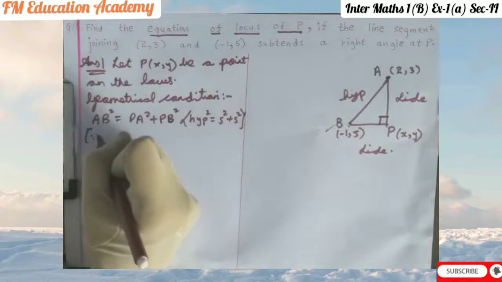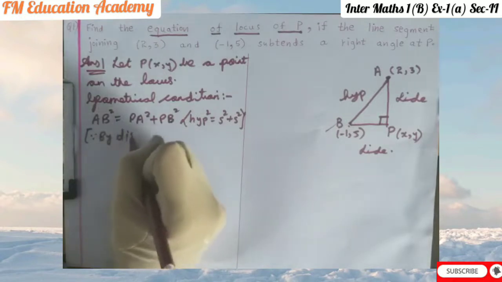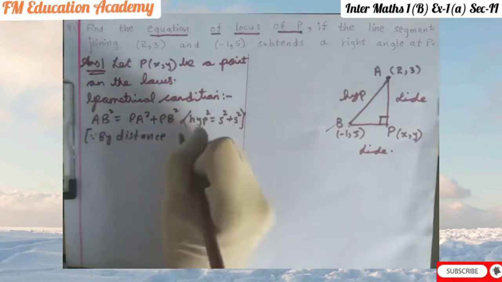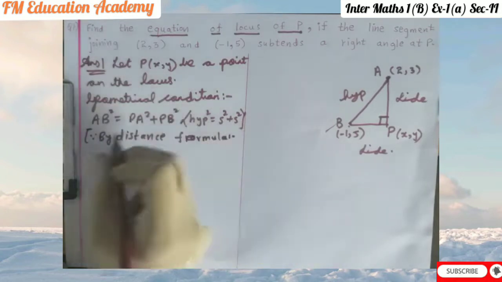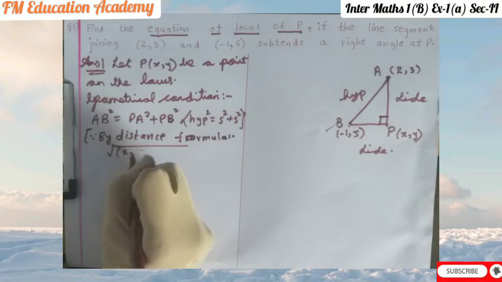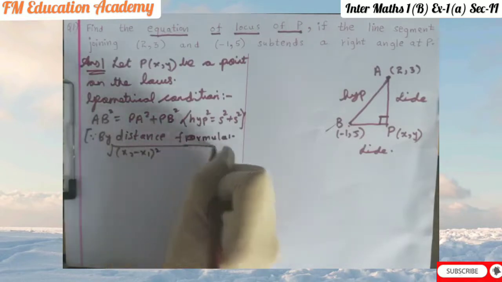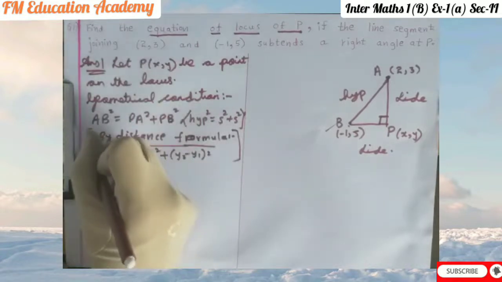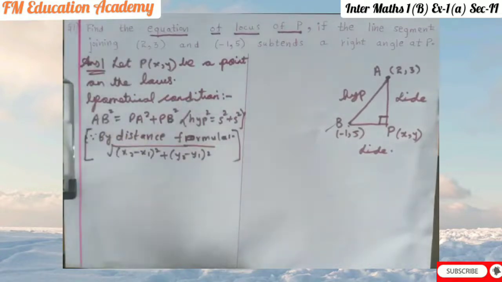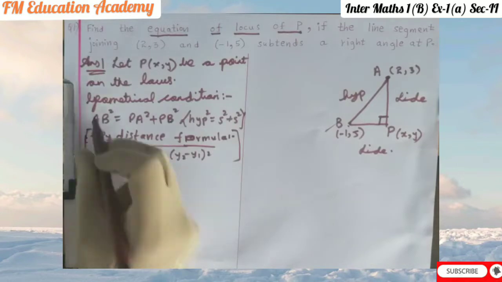Distance formula. By distance formula, root of (x2 minus x1) whole square plus (y2 minus y1) whole square. So first let us find AB.